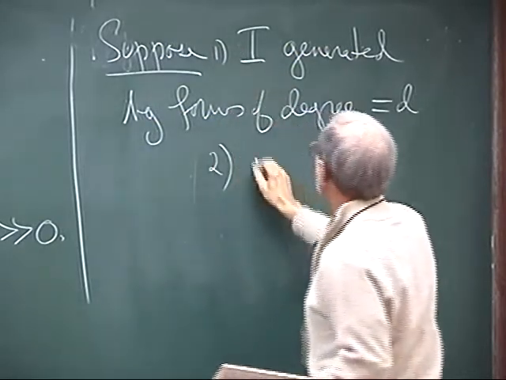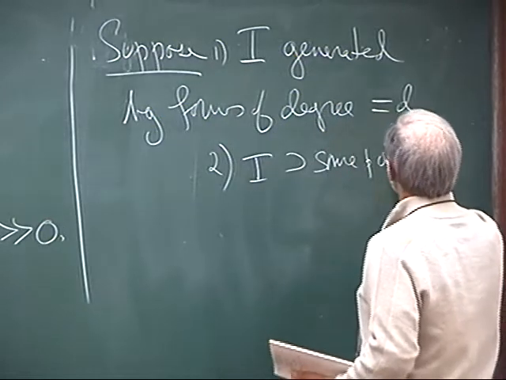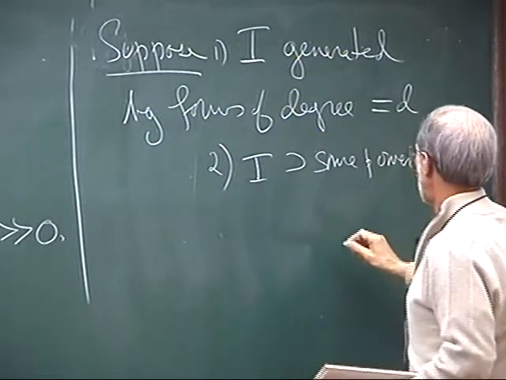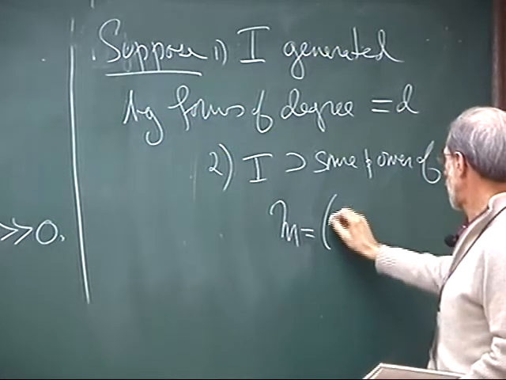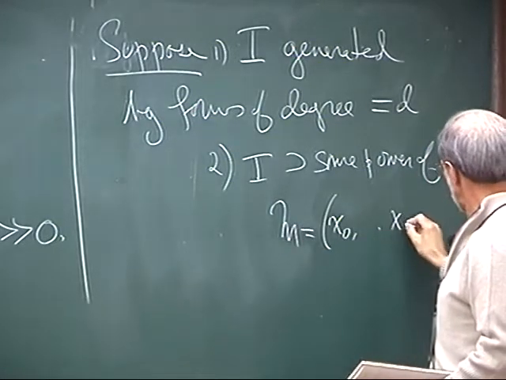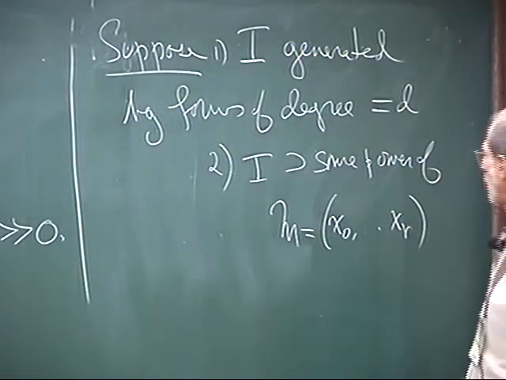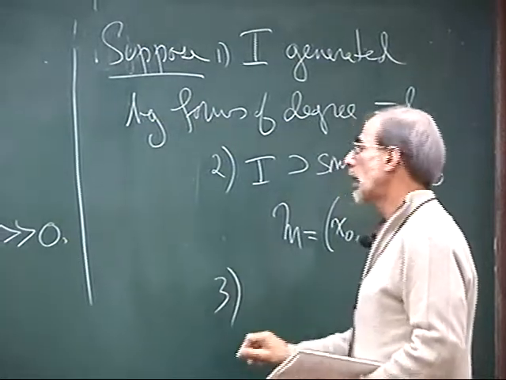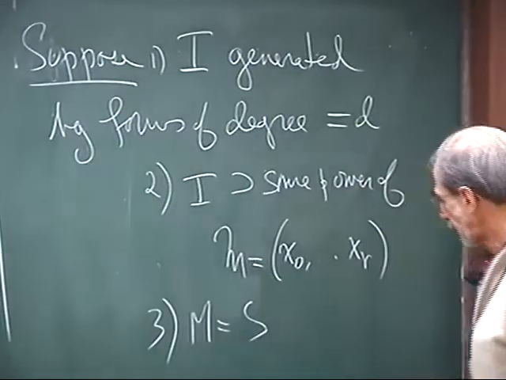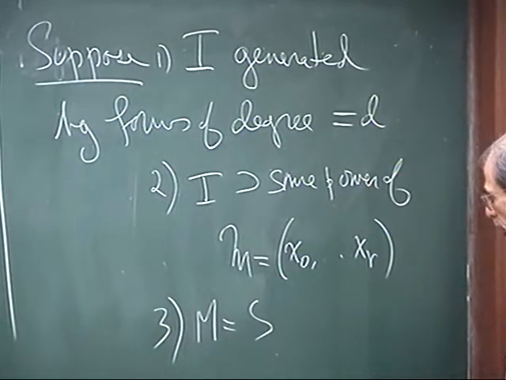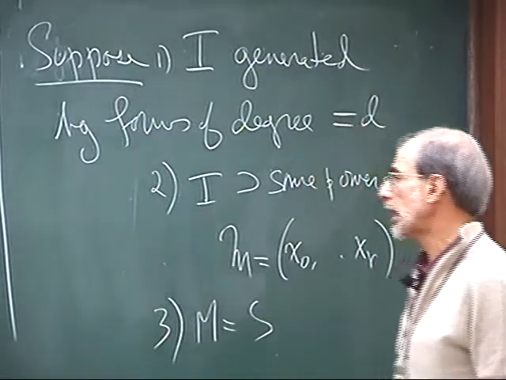The second assumption is that I contains some power of the maximal ideal. It's called the maximal ideal script m, which is x naught up to x r, excuse me. And 3, I'll take M equal to S. And then ask what these numbers mean in that case.